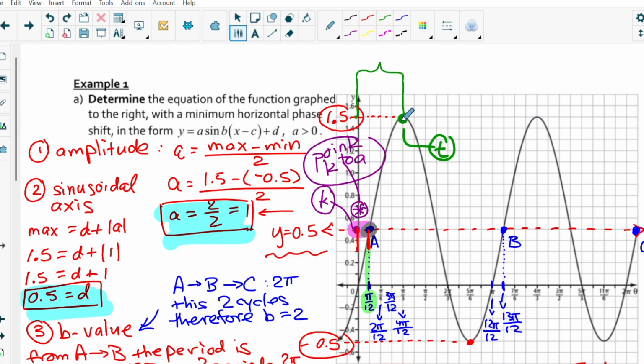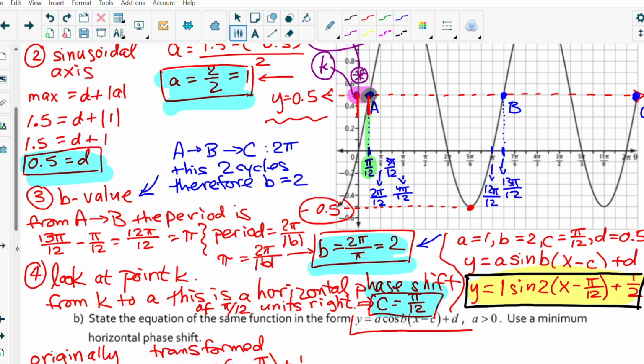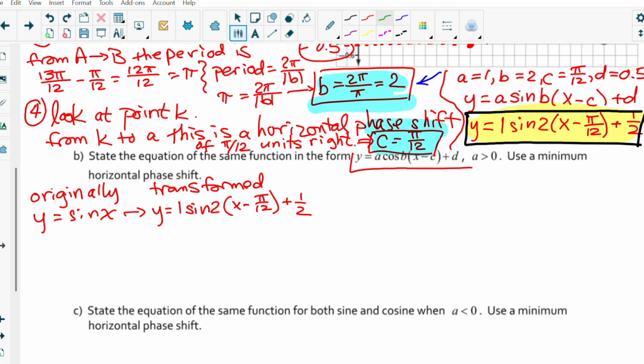If I think about this maximum point and bring it back to the y-axis, remember the cosine function has a maximum point at the y-axis. That's why I'm taking the maximum point of this graph. If I go backwards to the y-axis, that is my c value. This is the way I'm going to think about it because I'm thinking in terms of cosine now.